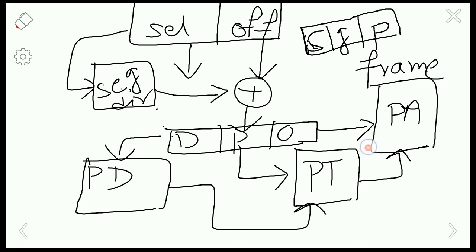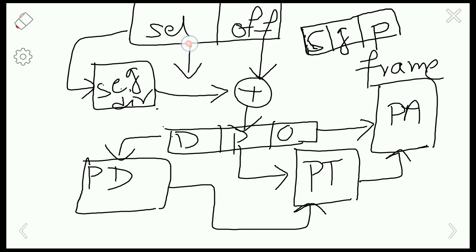The offset in the linear address is used as an index into the physical frame to get the particular memory location in the physical memory. So we use the offset to point to the particular instruction in the physical memory. Do you understand the concept here?